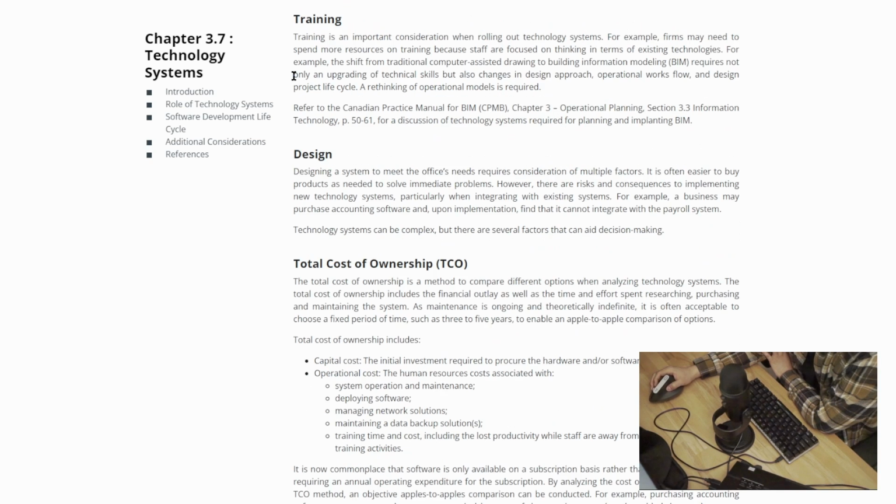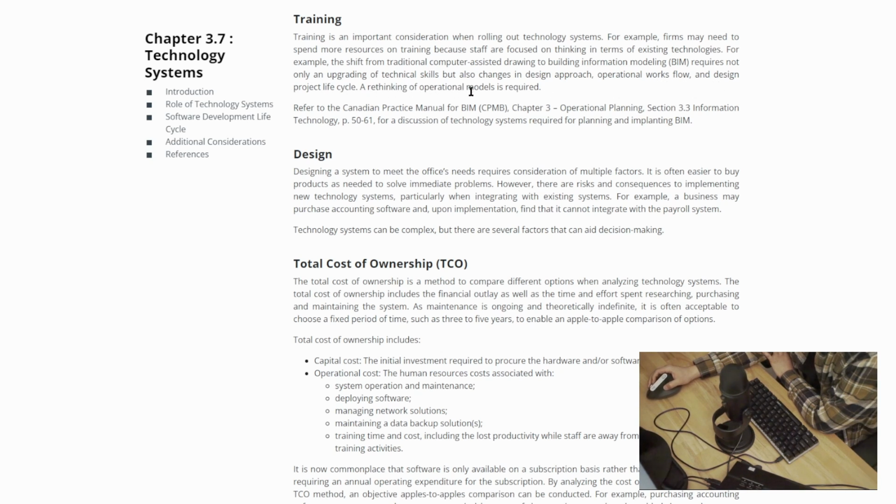Training. Training is an important consideration when rolling out technology systems. For example, firms may need to spend more resources on training because staff are focused on thinking in terms of existing technologies. For example, the shift from traditional computer-assisted drawing to building information modeling requires not only an upgrading of technical skills, but also changes in design approach, operational workflow, and design project lifecycle.